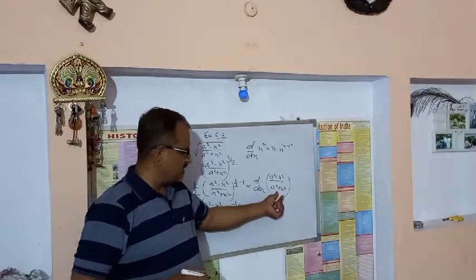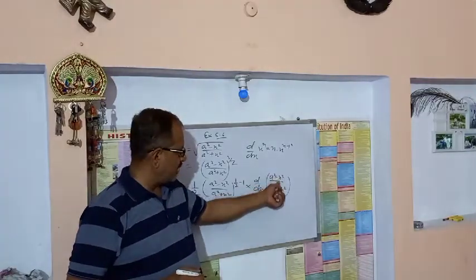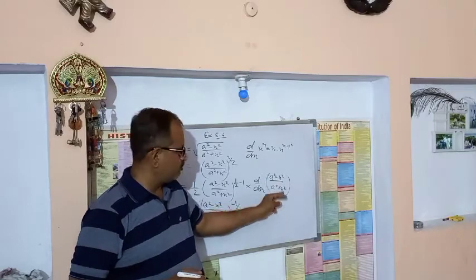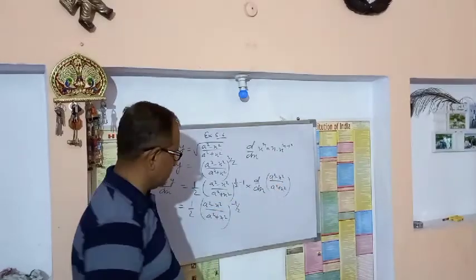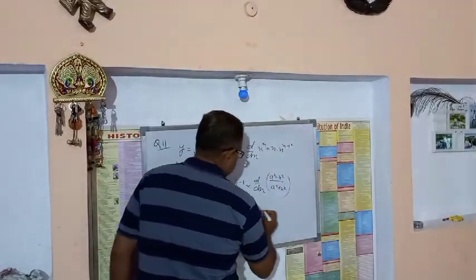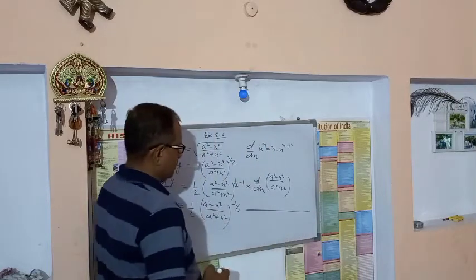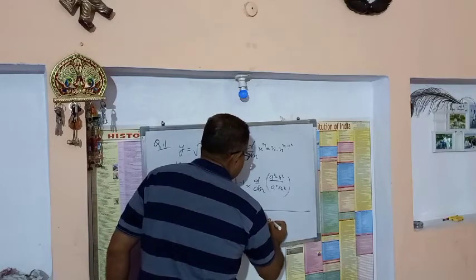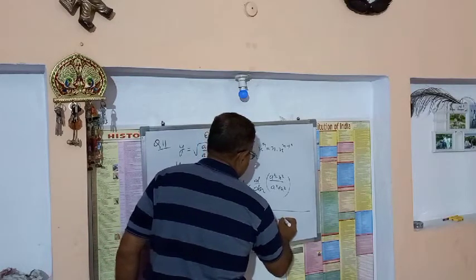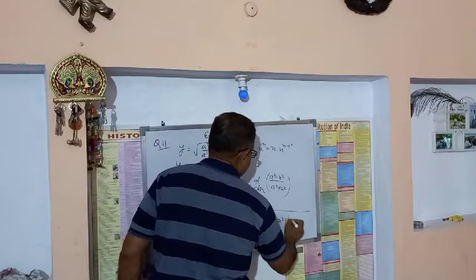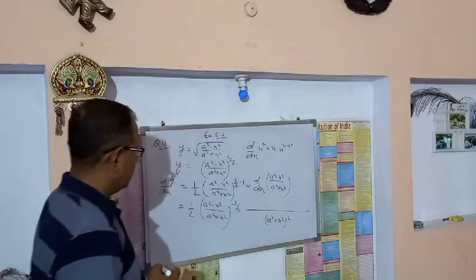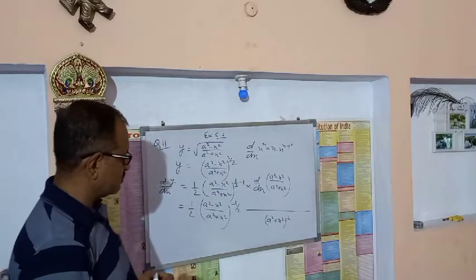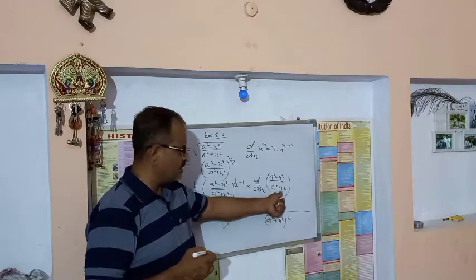How will we differentiate this function? We will apply the quotient rule here. What is the quotient rule? Square of the denominator, so a square plus x square whole square.